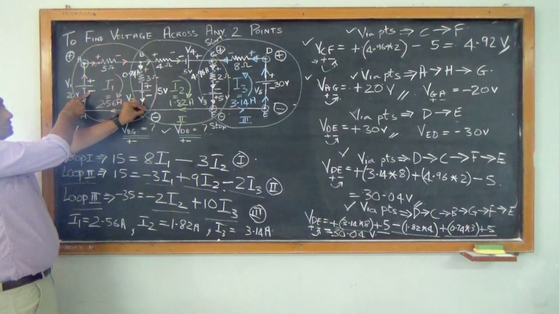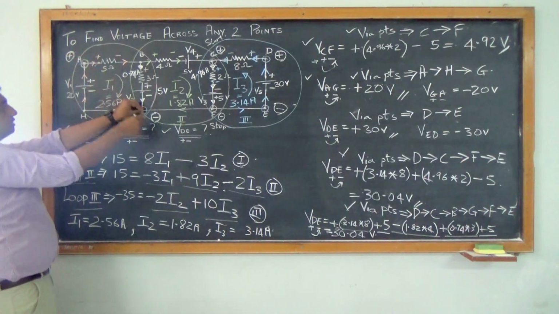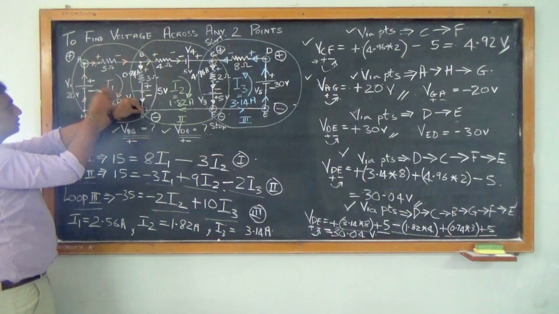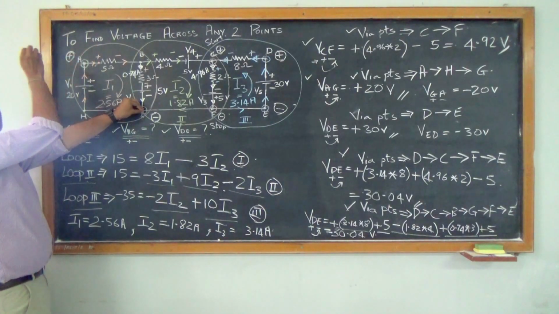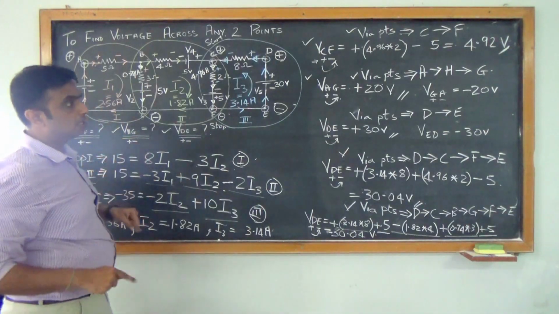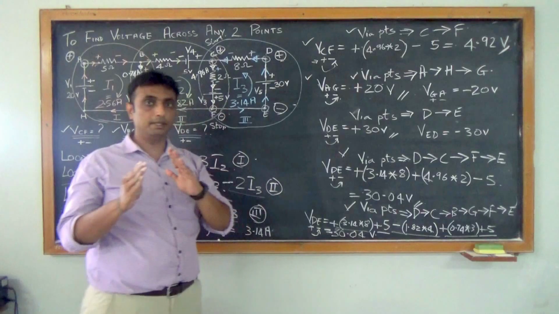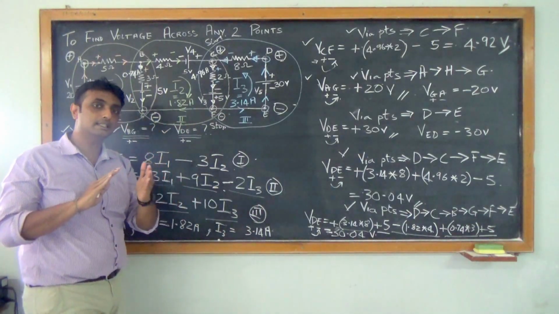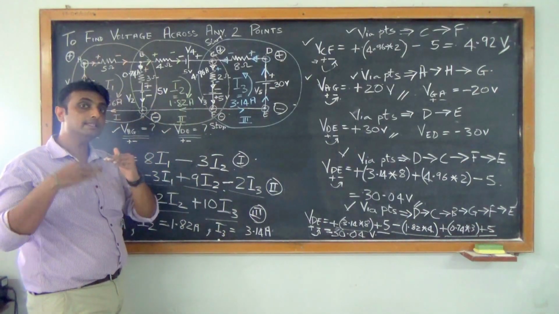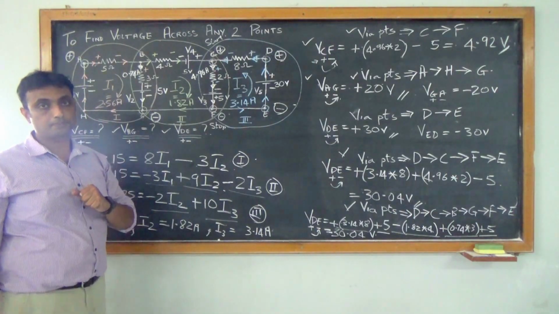But the first terminal here is negative. So if I am moving from G to A, this is positive right now. Positive into negative, negative. So I will get minus 20 volts displayed on the terminal of the multimeter. So that's why it comes minus 20 volts. Always remember and keep this in mind. Always refer to the multimeter side of the value.